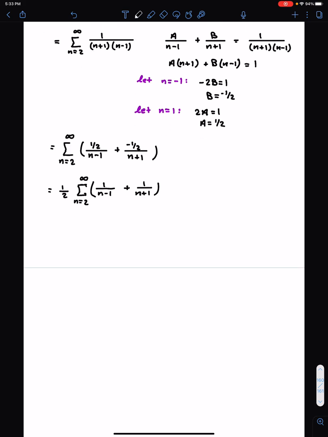So now if I expand out these terms, an n number of terms, so the nth partial sum would equal, there's a 1/2.